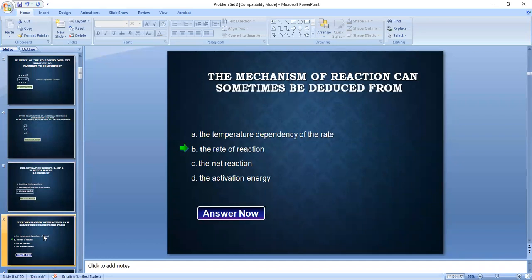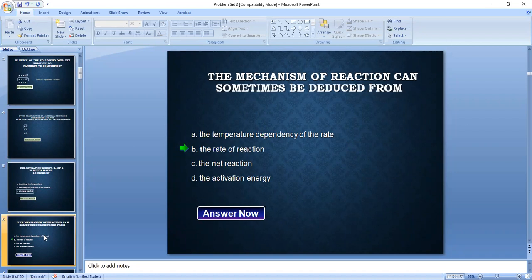Now, the mechanism of reaction can sometimes be deduced from, or we can make a trial placement of the mechanism of our reactions, or the series of reactions that will bring about our overall reaction, through the use of the rate of reaction, that is the rate law.